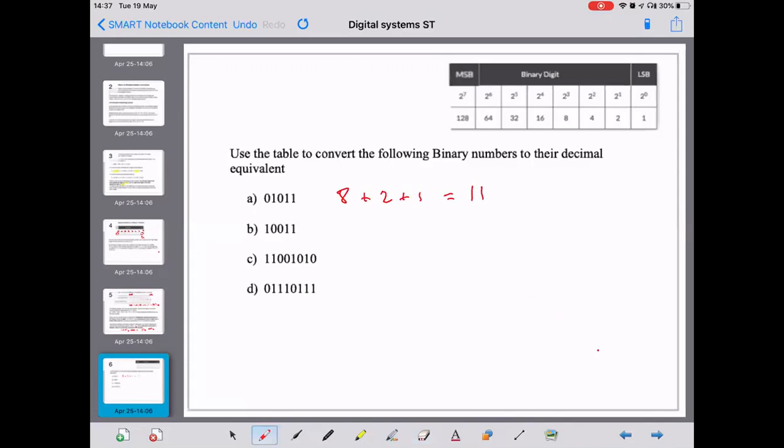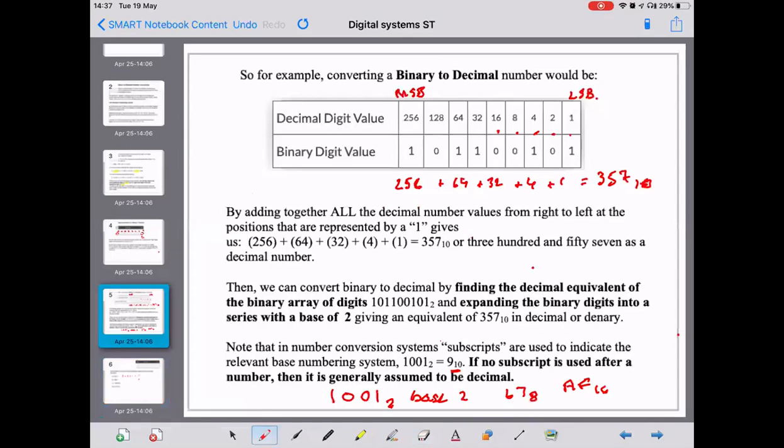19. Yeah. I was wondering where you get, because in the example you got 357 to the 10. Where do you get that from? In this example? Yeah. 256, 64, 32, 4, and 1. Does that not add up to 357?